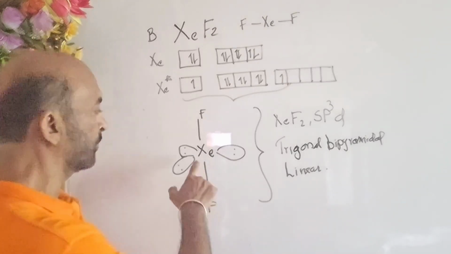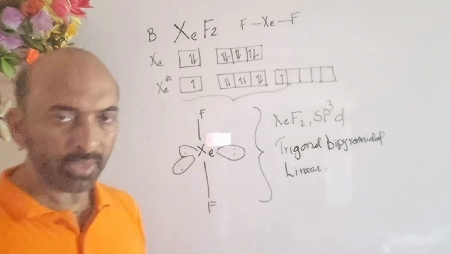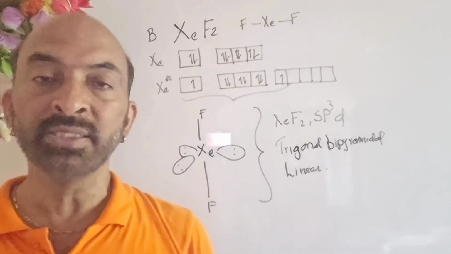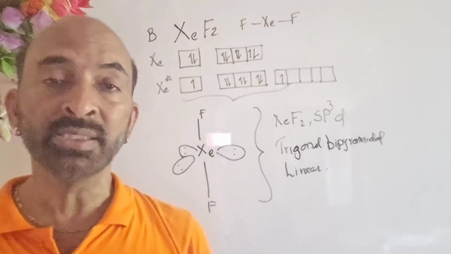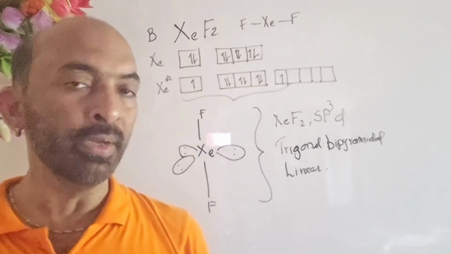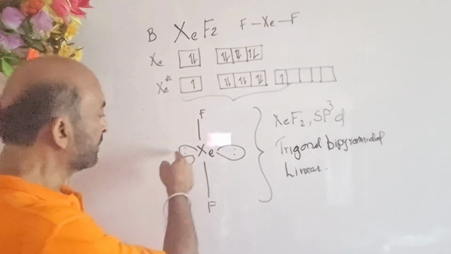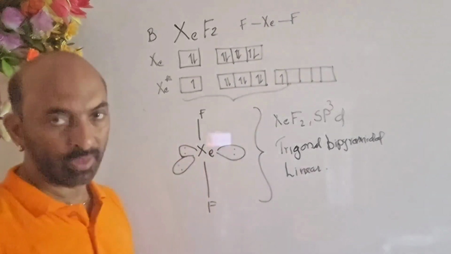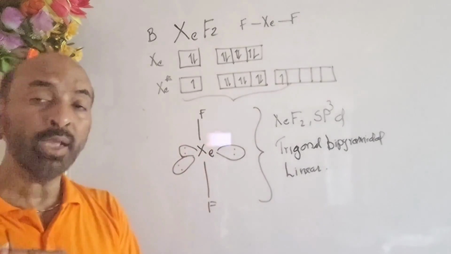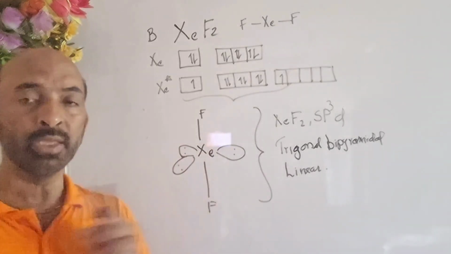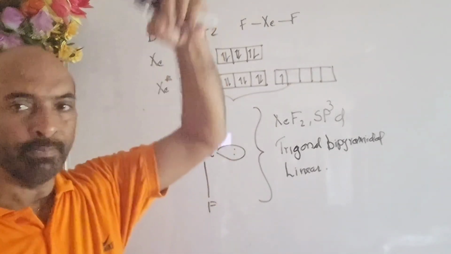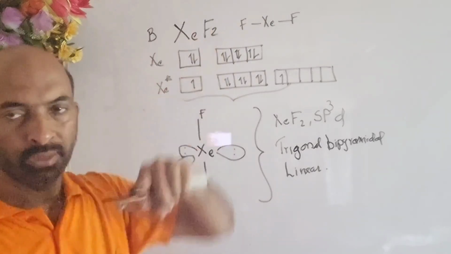Now, what are the details regarding a molecule in which the central atom is sp3d hybridized, XeF2? Look here. For sp3d hybridization, the regular structure is trigonal bipyramidal. That is, 3 orbitals are directed to the 3 equatorial positions of a regular triangle, one above and the other below.